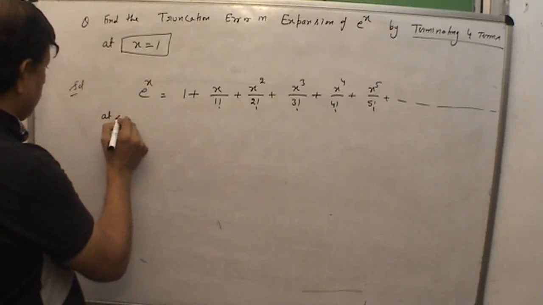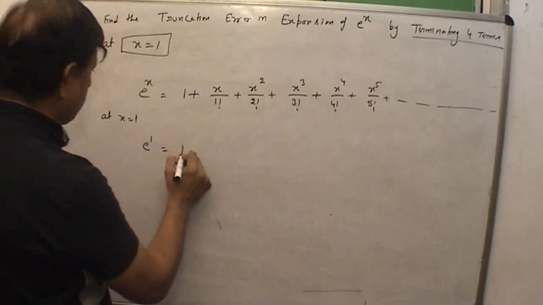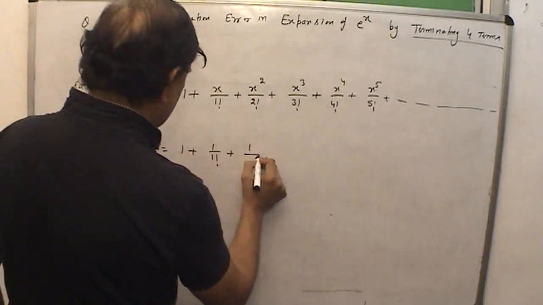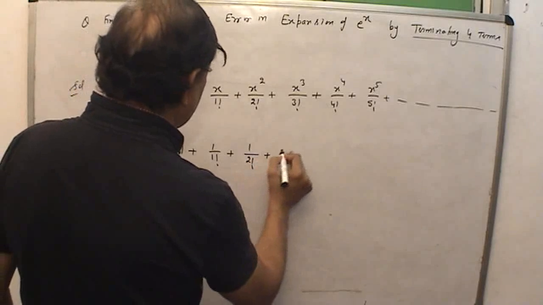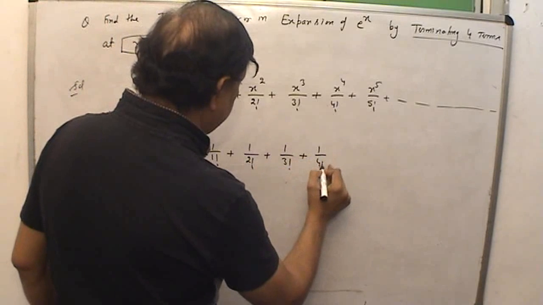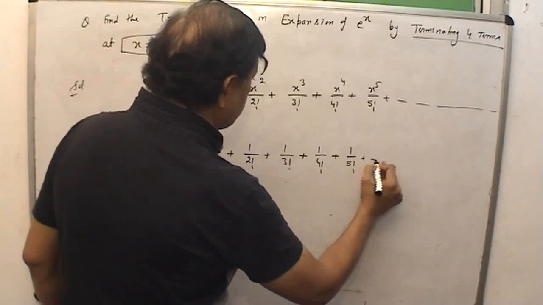At x is equal to 1, e raised to the power 1 is equal to 1 plus 1 by 1 factorial plus 1 by 2 factorial plus 1 by 3 factorial plus 1 by 4 factorial plus 1 by 5 factorial plus so on.